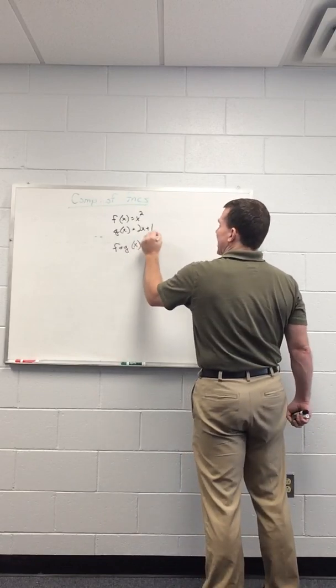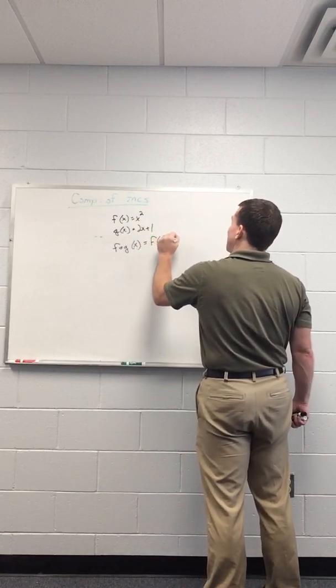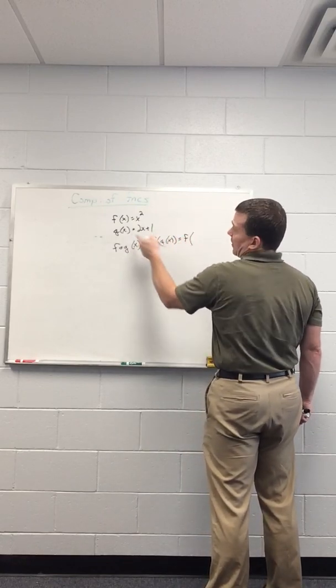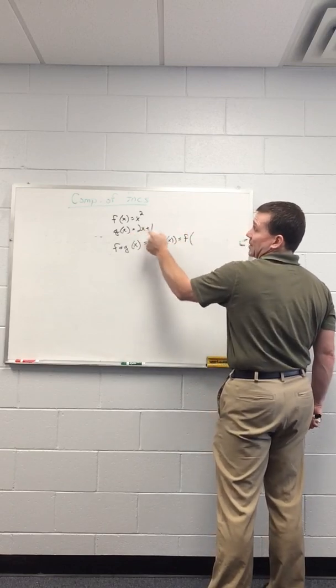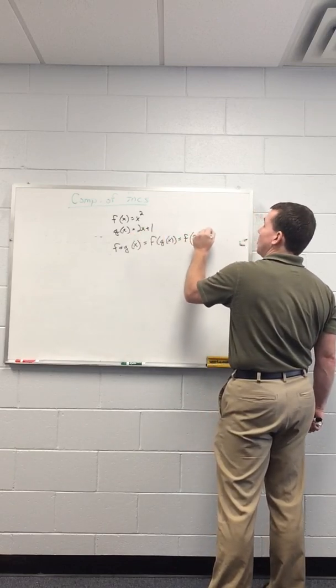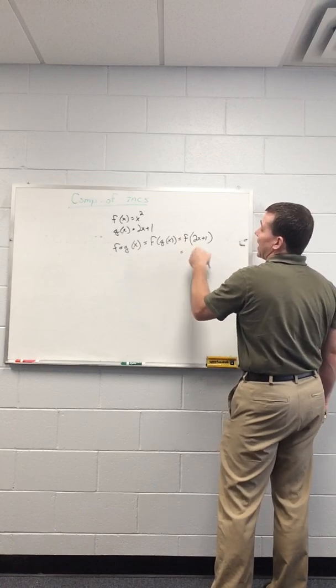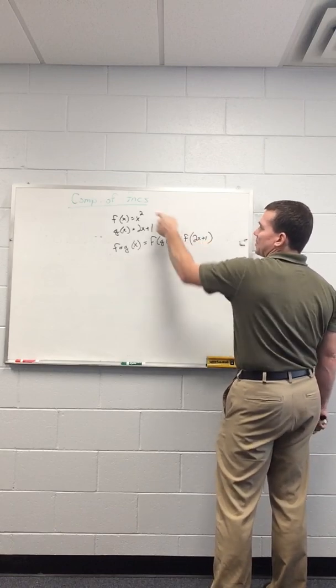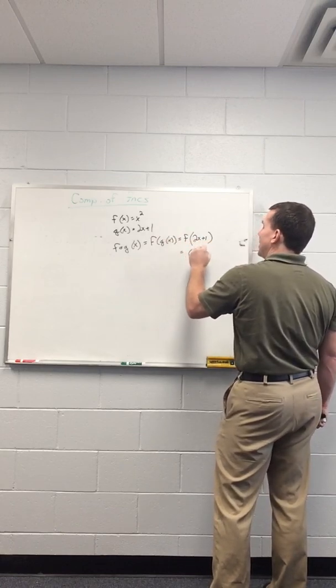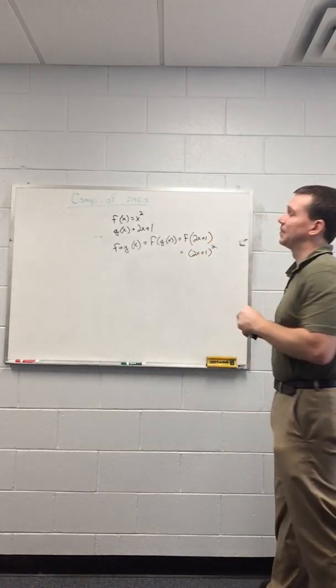And in this case, that's f of g of x, which is f of, we replace g of x with what g of x is, which is 2x plus 1. Now I apply f to that. F takes whatever I plug in and squares it, so I get 2x plus 1 squared.